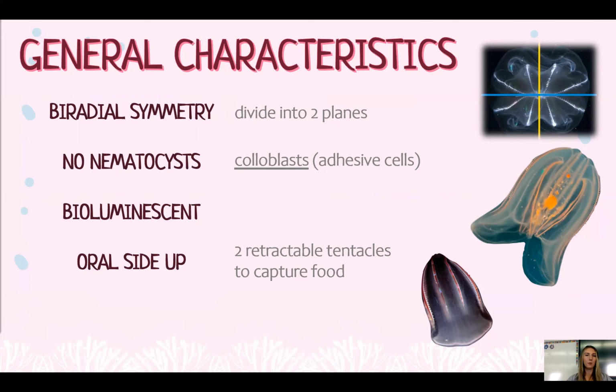They're also bioluminescent, like we can see in this picture here, and like we saw in the previous slide. So if you ever go to the beach and you see the water glowing, it could be a ctenophore, or it could be something else. When we go to the beach, we always find what we think are jellyfish, but you can pick them up and they don't have any tentacles. It's probably a ctenophore.